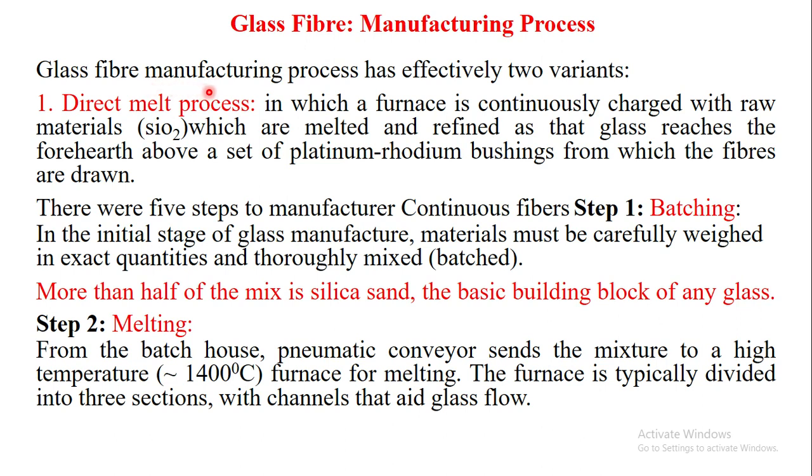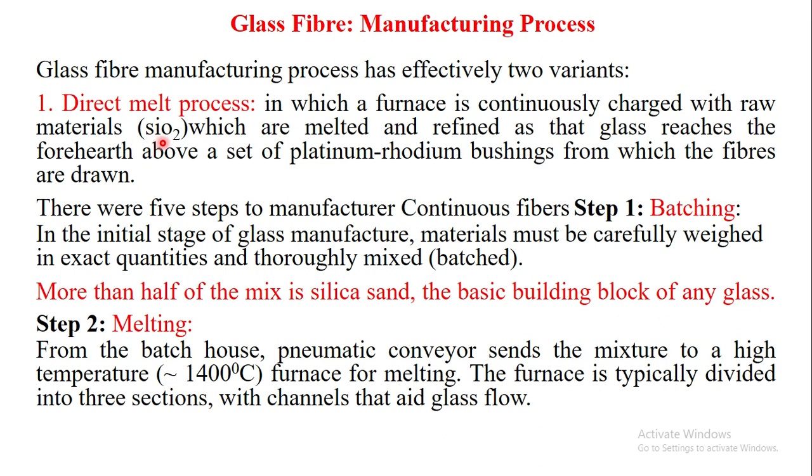The glass fiber manufacturing process has effectively two variants. It is classified into two main categories: the direct melting process and the marble melting process. We will see them one by one. In the direct melting process, a furnace is continuously charged with raw materials such as silicon dioxide.